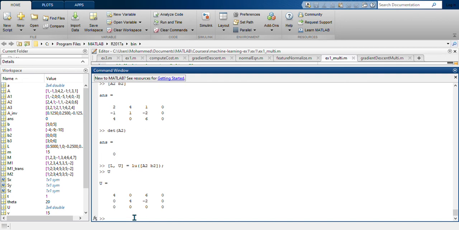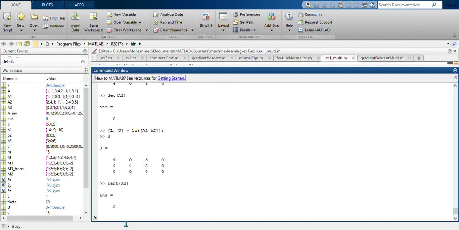And the number of non-zero rows in the reduced coefficient matrix gives us the rank of the matrix. The MATLAB command for rank is rank of A2. So if you see now, the rank of A2 is 2, but we have three variables, x, y, and z. So we need the rank to be at least the number of variables in order to be able to solve it. Previously we did this for A.